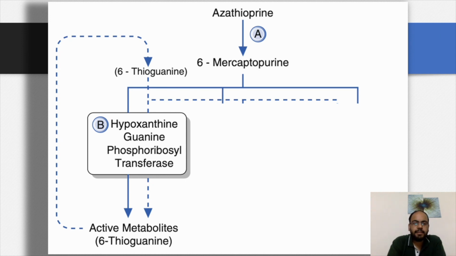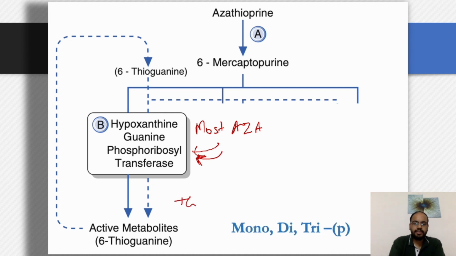Now, the HGPRT pathway is the most common, and most of the azathioprine gets shuttled through the HGPRT pathway, leading to formation of thioguanine.